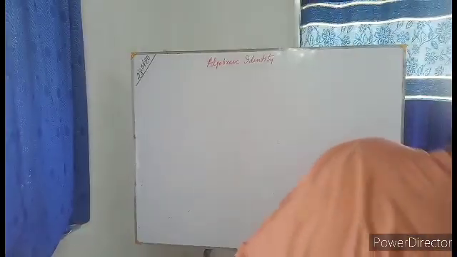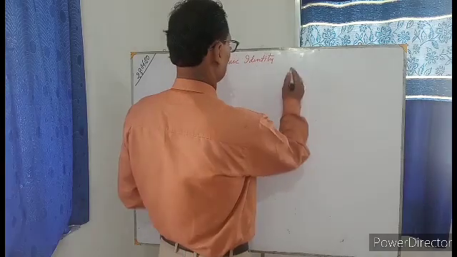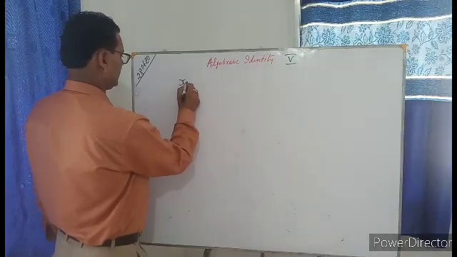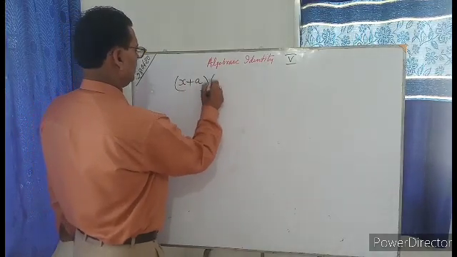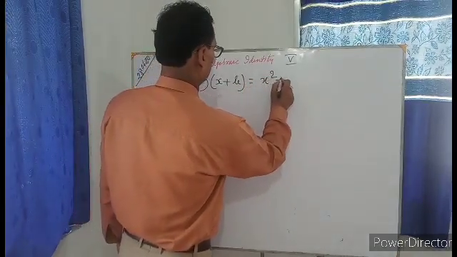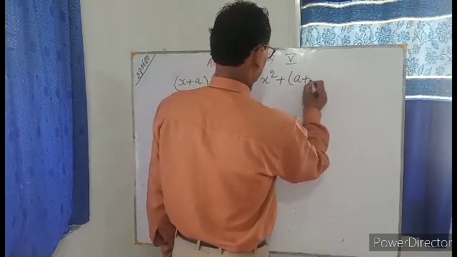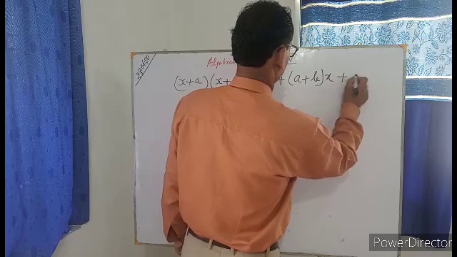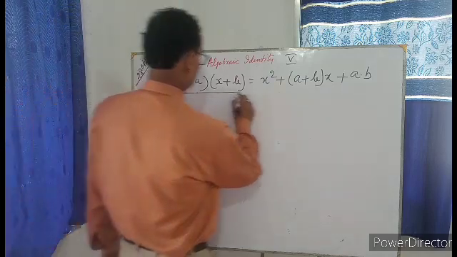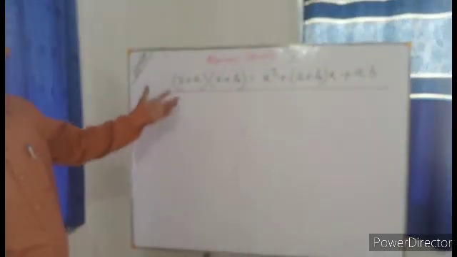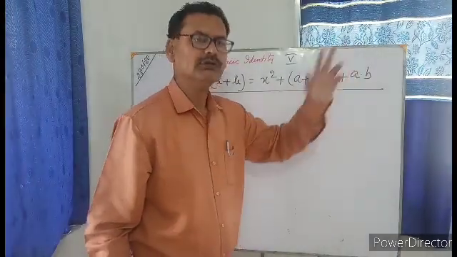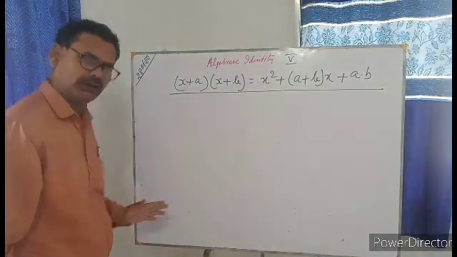And this identity number 5 is x plus A into x plus B is equal to x square plus A plus B whole into x plus A into B. This is identity number 5.